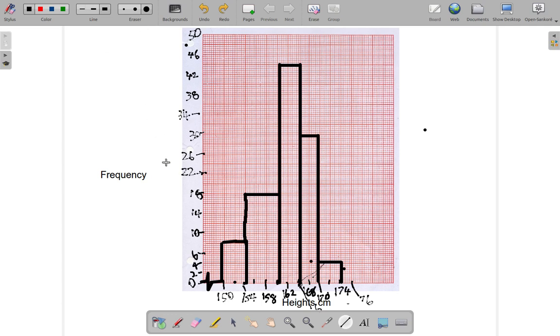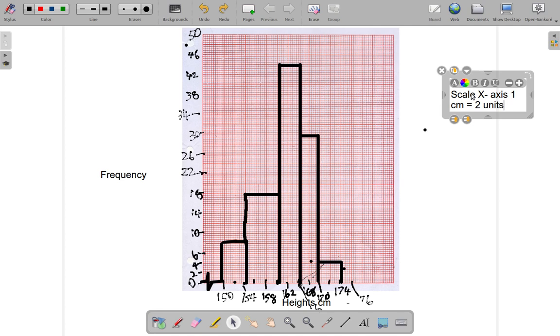You can also draw what is called a frequency polygon, but before I do that, let me just make a note here that the scale, x-axis, is 1 cm equals 2 units.